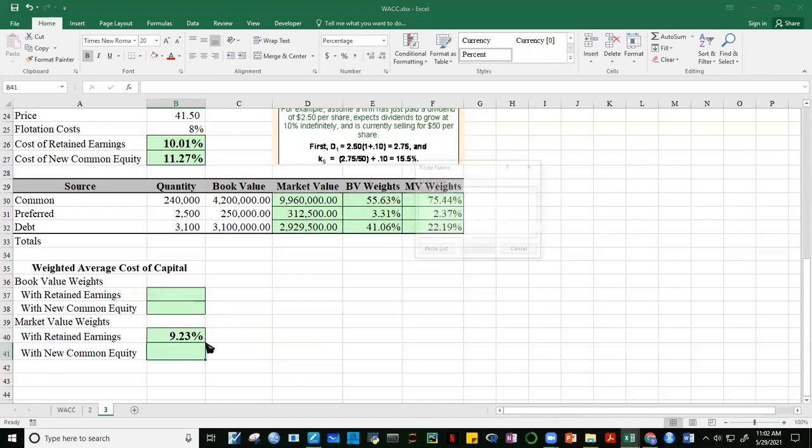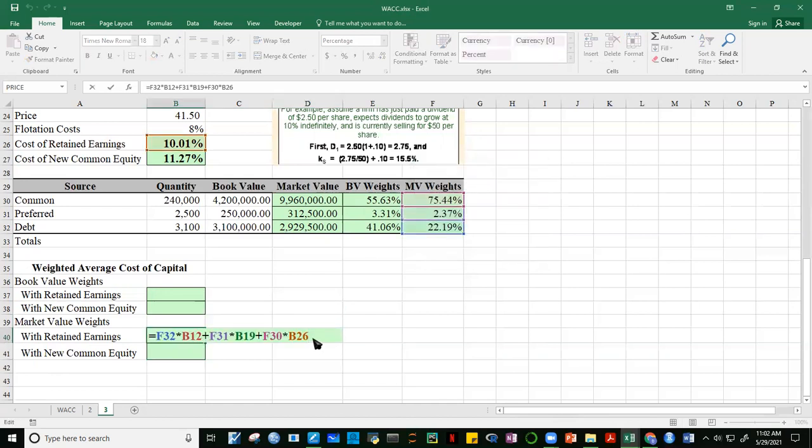Okay, ang only difference is that, let's copy this. Control C. Copy natin. Ang mababago lang itong B. Magiging B27 to.